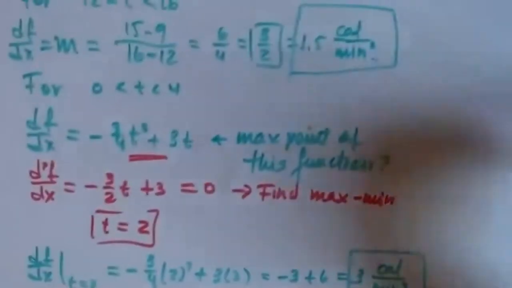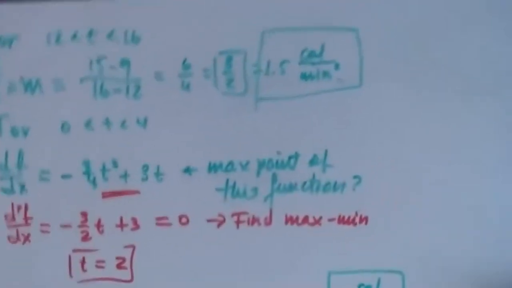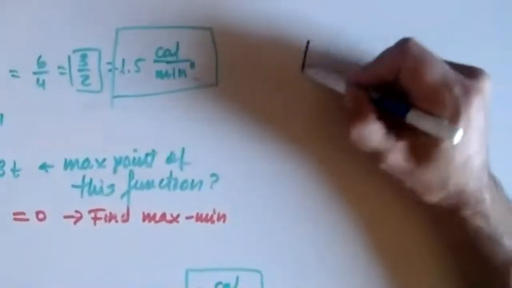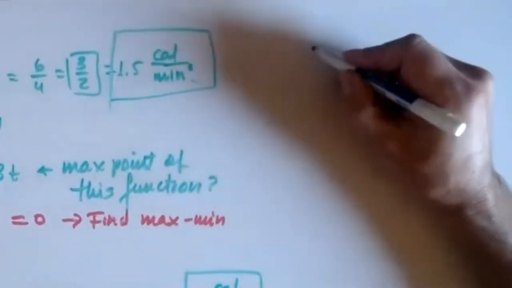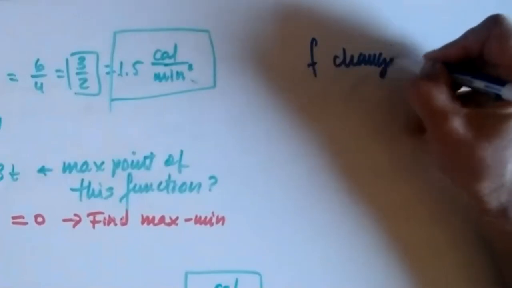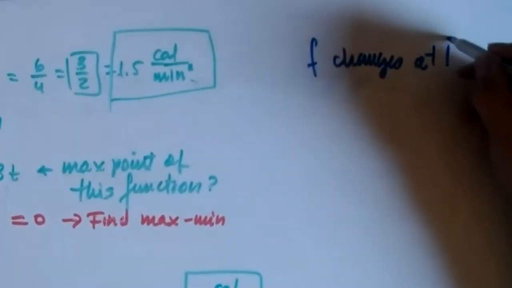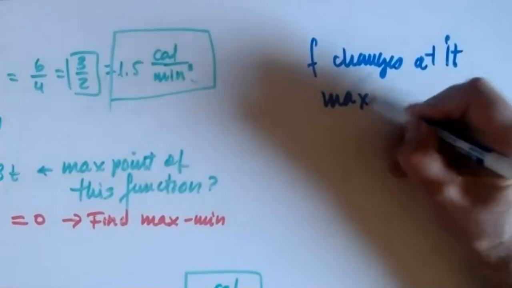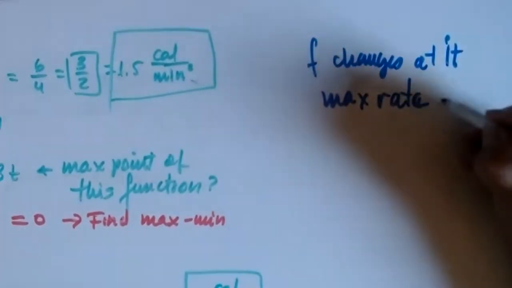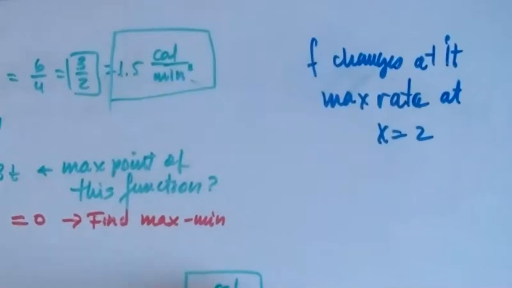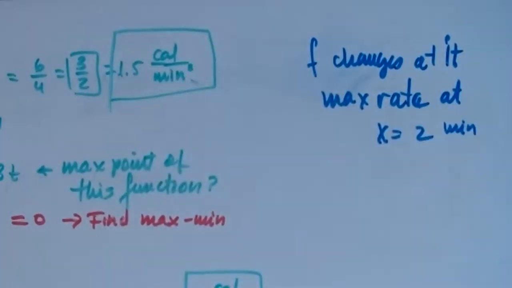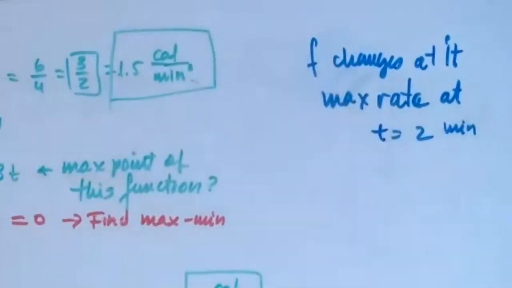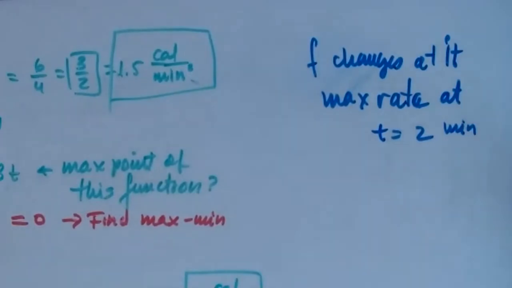So your answer is the maximum rate of change happens where f changes at its max rate, at x equals 2, correct? 2 minutes. Well, isn't it t equals 2? Oh, well, you're right. I'm used to using x, sorry.